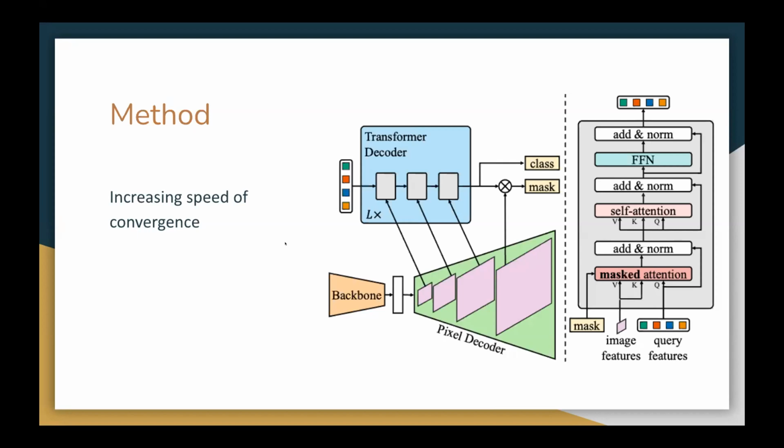So we made some modifications for that. And we also needed to be able to support a large number of queries. So to deal with the speed of convergence, we modified multi-scale deformable attention in the pixel decoder. And to support a large number of queries, we tried modifying the self-attention mechanism in the transformer decoder.